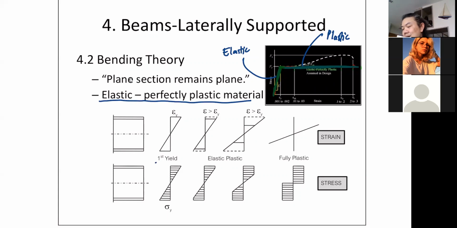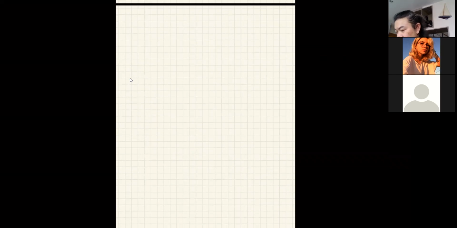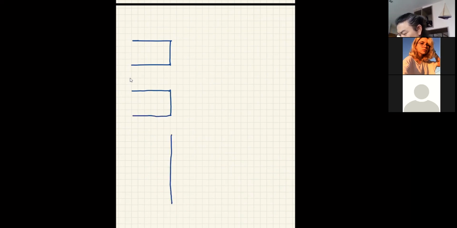We're going to come back here, but in order for you to grasp the idea, I should begin by drawing some pictures. Okay, so let's say this is our beam, and this is perhaps our stress-strain relationship.